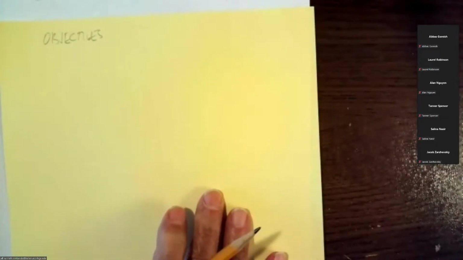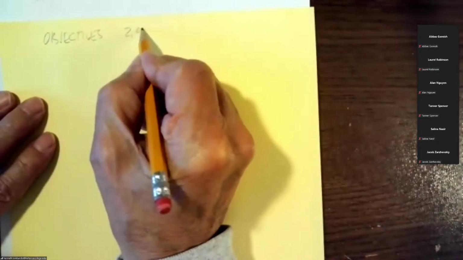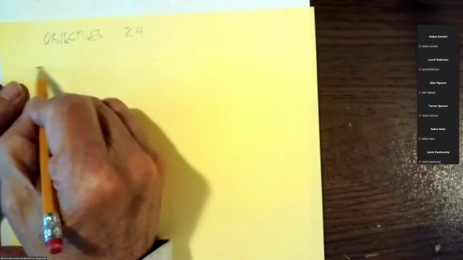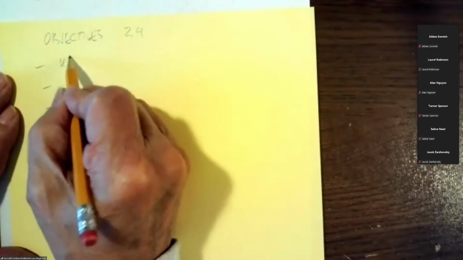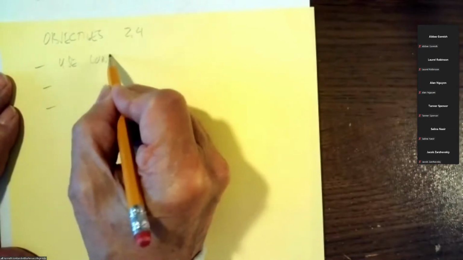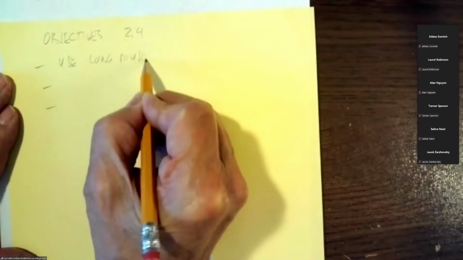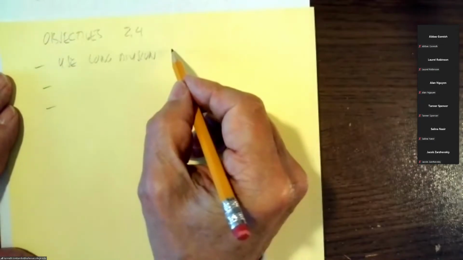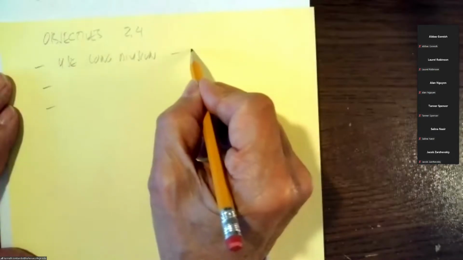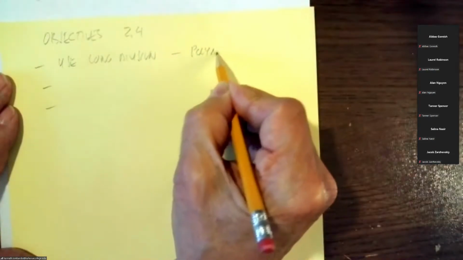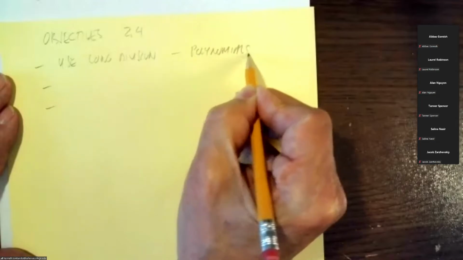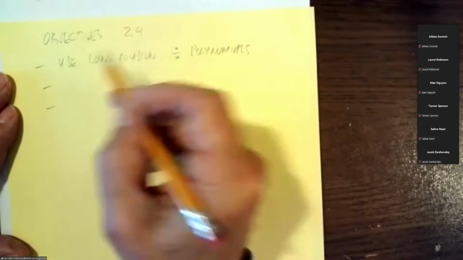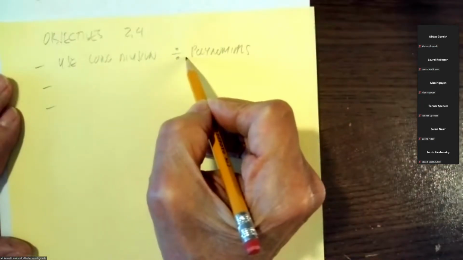So the objectives on 2.4 are going to be, we want to be able to use long division to divide polynomials. So I'll just put a divide sign here. We want to use long division to divide polynomials.